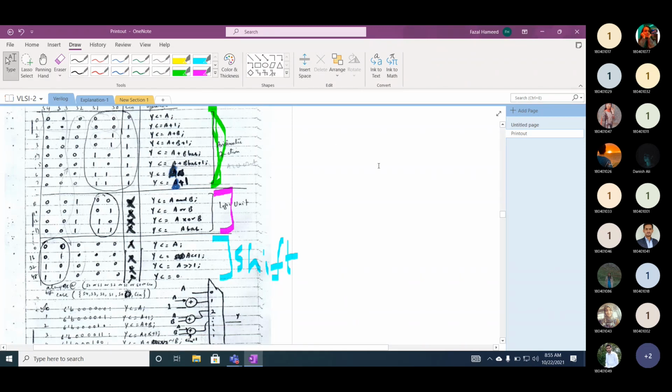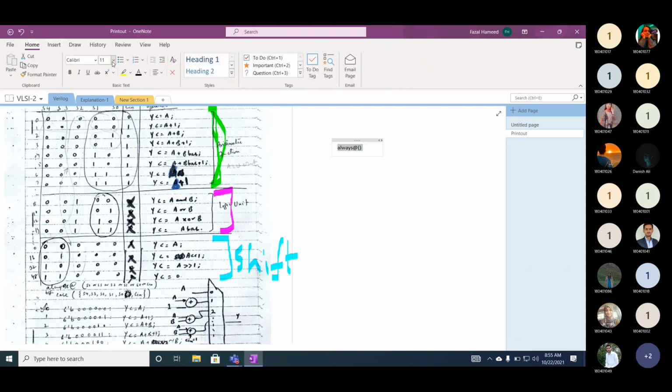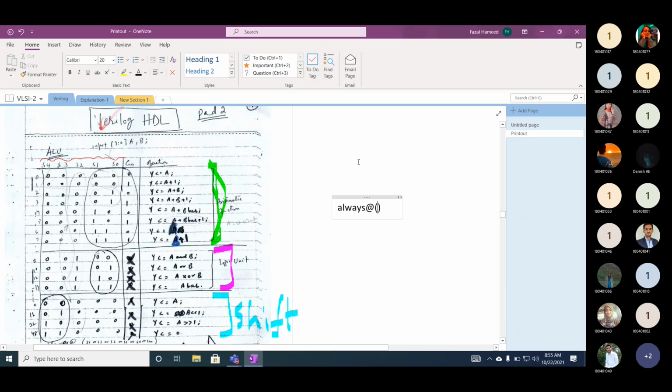Now you can start with the module with A, B, S4, S5, but we are not looking into this. I'm directly starting from the always block. I have to increase the font size so that it's visible to you. For always, you write the sensitivity list.